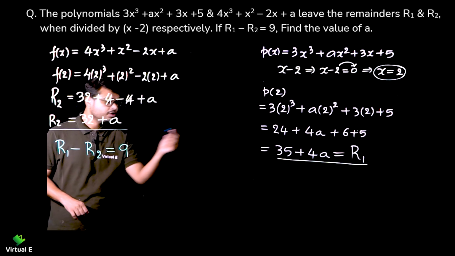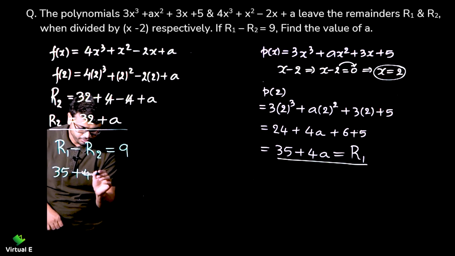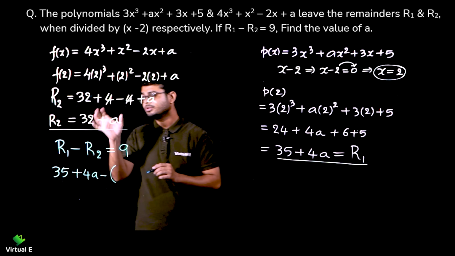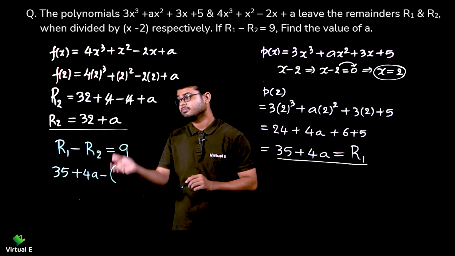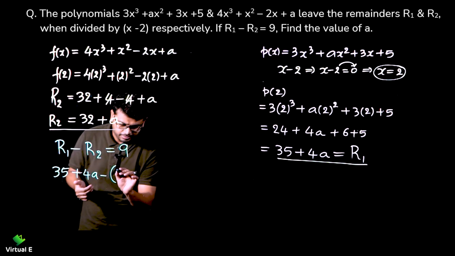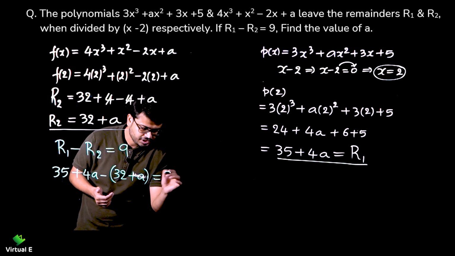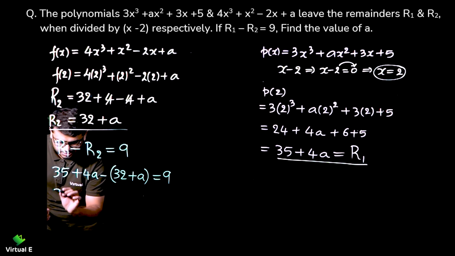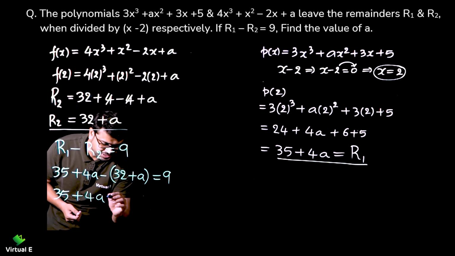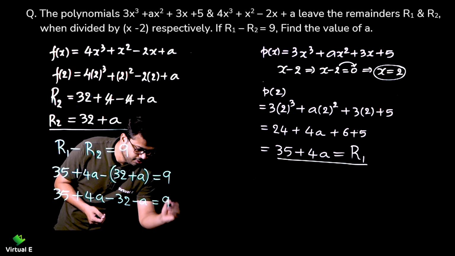The r1 value is 35 plus 4a, minus, and remember, when you have more than two terms and you are subtracting, keep it in brackets. That's very important because we are supposed to change the sign. 32 plus a is equal to 9. So 35 plus 4a, now this minus sign: minus 32, minus a, is equal to 9.